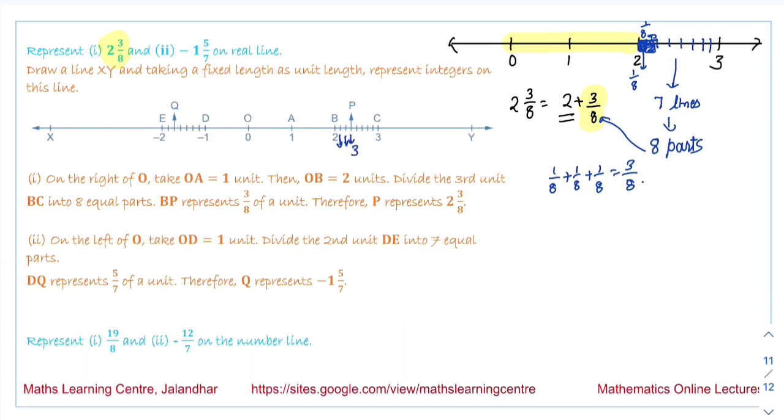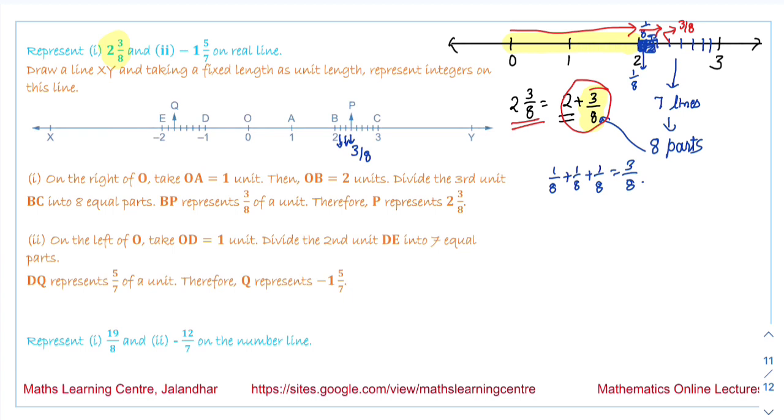This third one will represent 3 by 8. And we have already moved 2 units. After that we have moved 3 by 8 units. So the total we get is 2 plus 3 by 8, that is 2 whole 3 by 8.